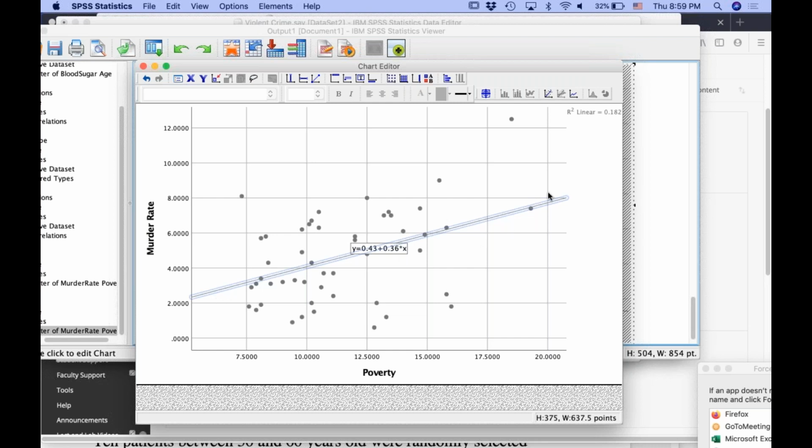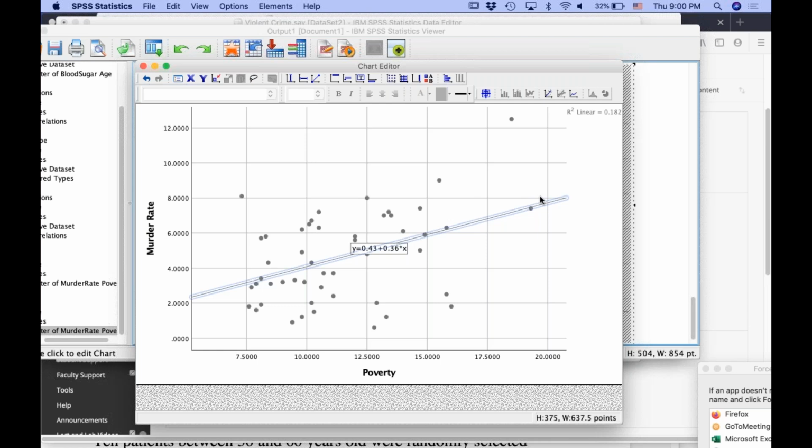In other words, even though this line seems to continue up here, it doesn't mean that your correlation applies to a poverty rate of 25%, right? You want to stick to the area where you have data. In other words, from 7.5% up to about 18% poverty rate, right? You don't want to speculate about areas of this graph where you have no data.